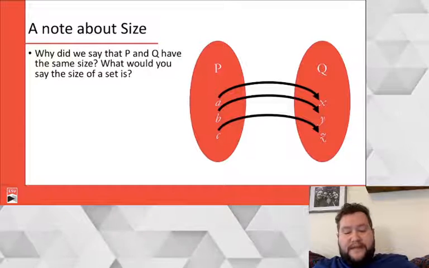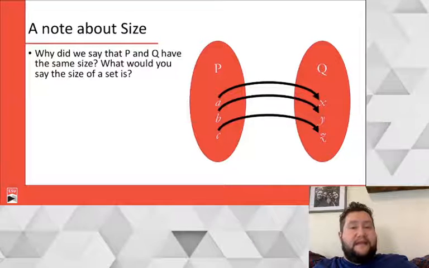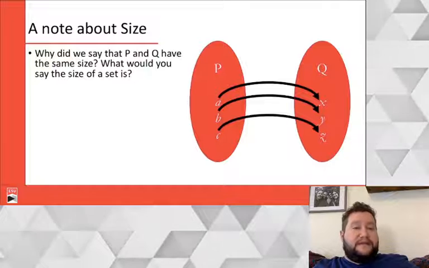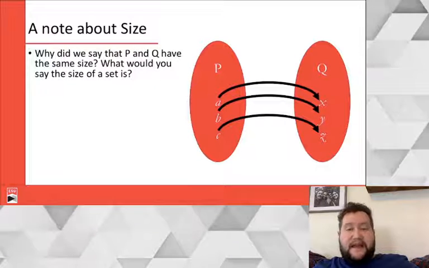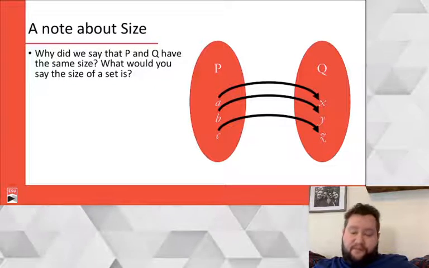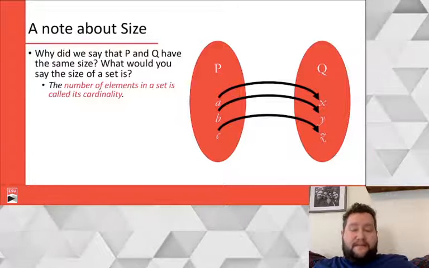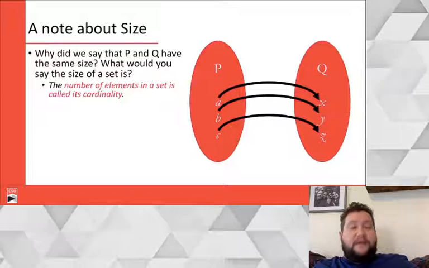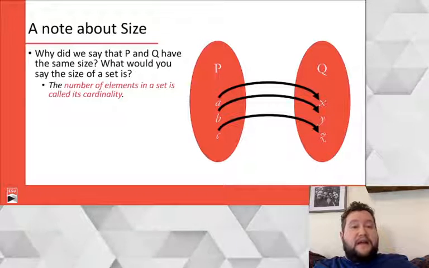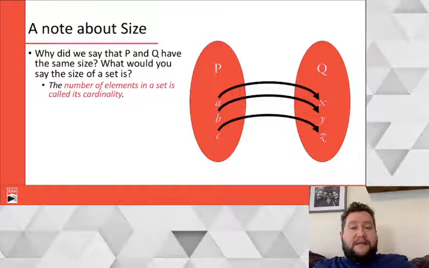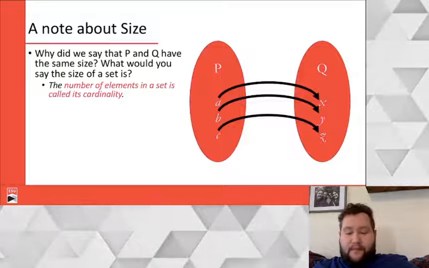And why did we say they had the same size? Because every element of P went to exactly 1 element of Q. And so the size of a set is called its cardinality. And cardinality is the number of elements in a set.